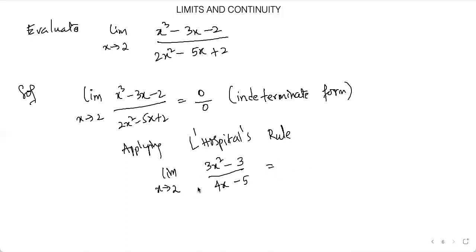And then let us put x as 2. So you get (12 minus 3) by (8 minus 5), which is nothing but 9 by 3, which is 3. Okay, so that's done.